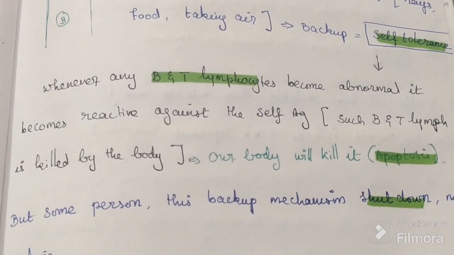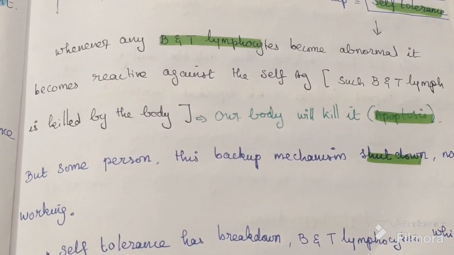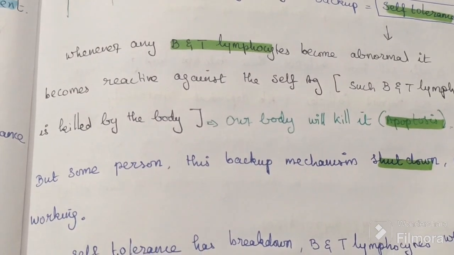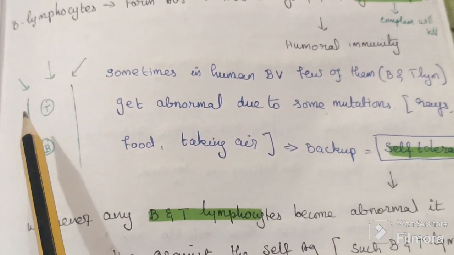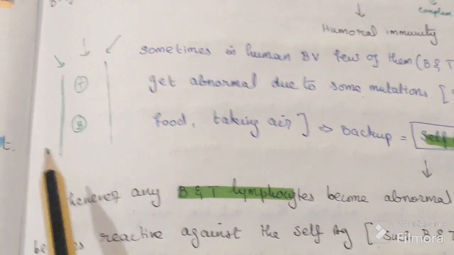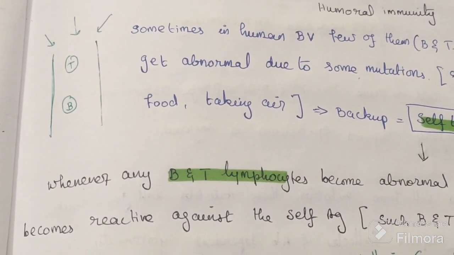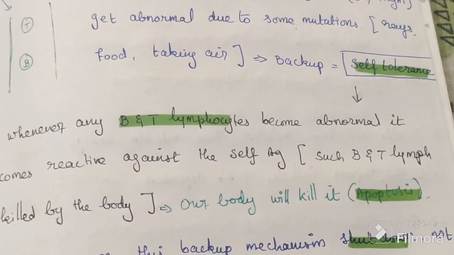The body does apoptosis of those cells because the cell is harmful to the human body. If any B cell or T cell becomes self-reactive, our body will kill it by apoptosis.